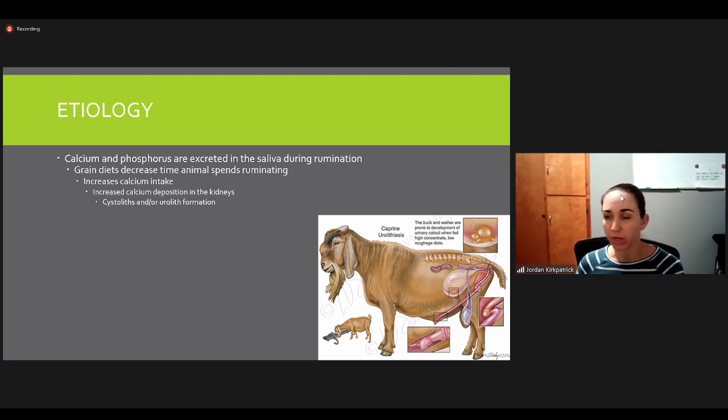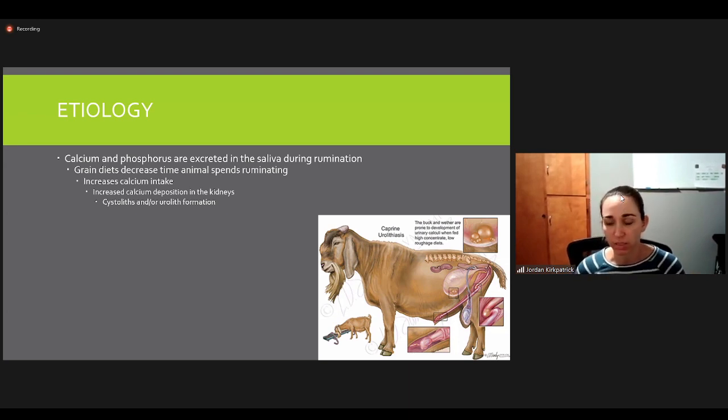It goes into their rumen, to the abomasum, and just through their GI tract. So they're not actually spitting up their cud and chewing it again and truly ruminating. And so they're not getting rid of that excess calcium like they would be if they were eating grass and hay. And so that increased calcium intake causes increased calcium in their blood supply and what's going into their kidneys, and that results in this stone formation.